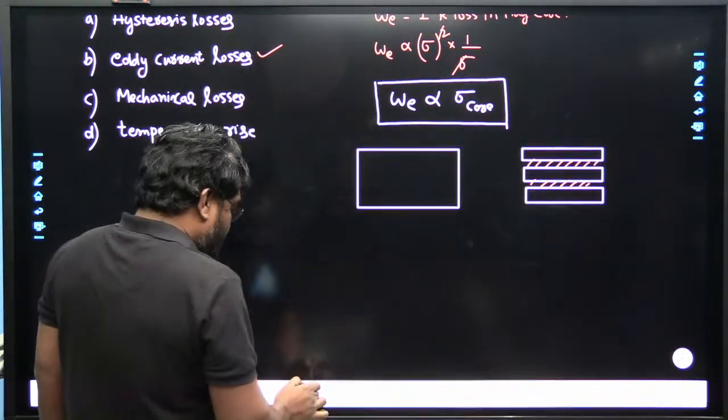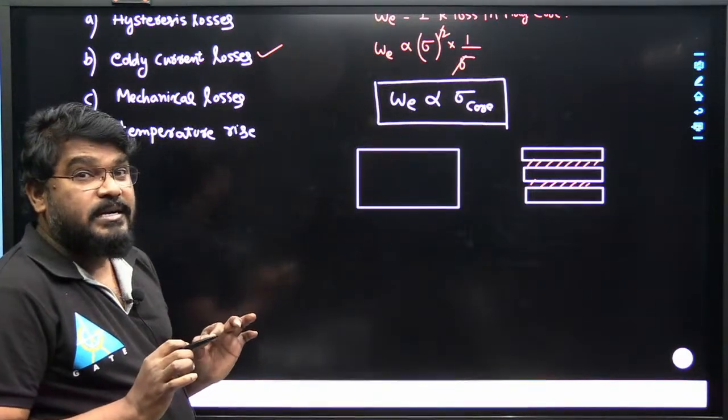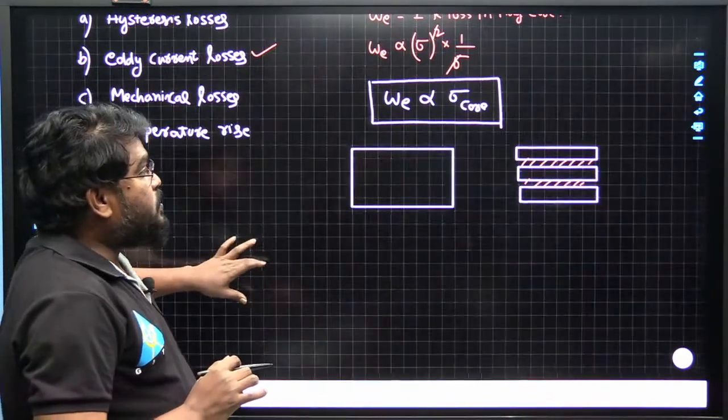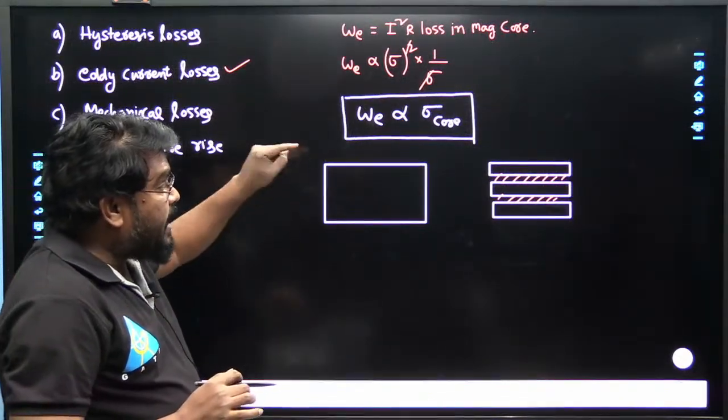Now, what is the meaning of eddy current exactly? Eddy current means circulating current in the core.